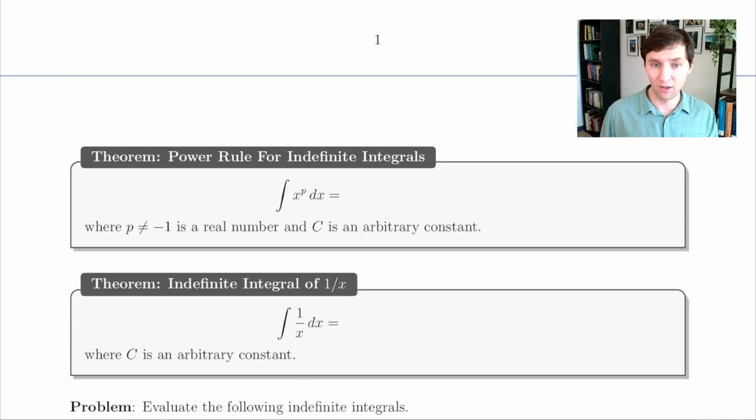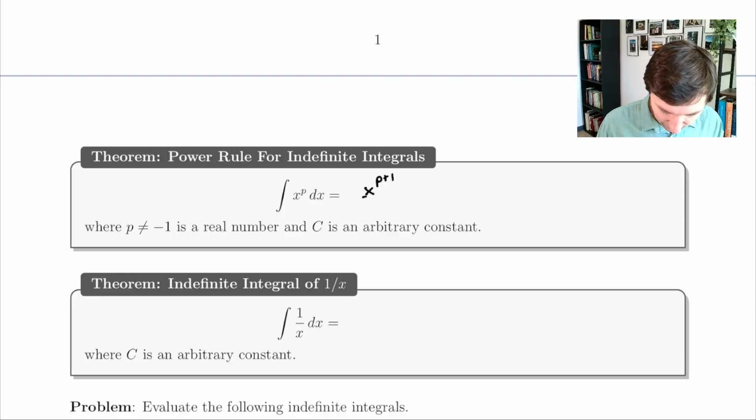In the previous video, we found the most general antiderivatives for functions of the form x to the power of p and 1 over x. And we realized that the power rule for indefinite integrals, or we called it back then power rule for antiderivatives, was x to the power p plus 1 divided by p plus 1 plus c.